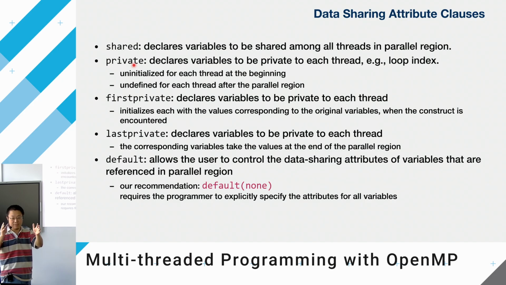So thread ID is a private variable, and you must specify that thread ID is private. Otherwise the value of thread ID will be overwritten by some other thread and the output will be wrong, like you have seen. Our recommendation is to use default none, so basically specify no default attribute for any variable. This forces the programmer to specify everything clearly, which may make the program clearer to understand.